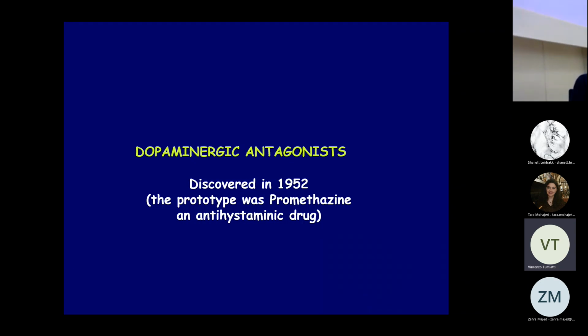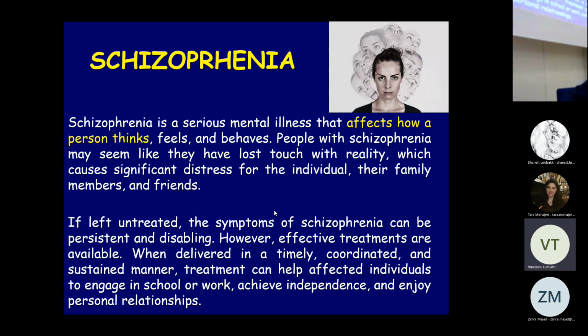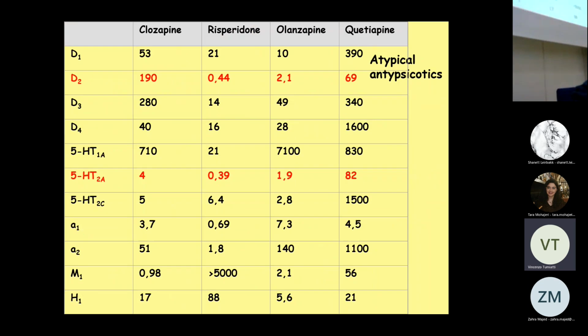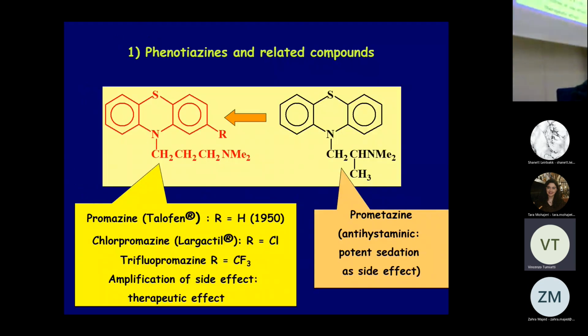So in 1952, the scientists investigated very deeply the structure-activity relationships of antihistaminics in order to amplify this particular side effect. The prototype of this class is promazine.